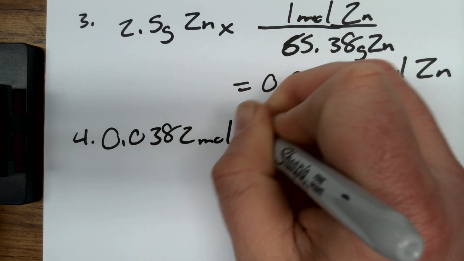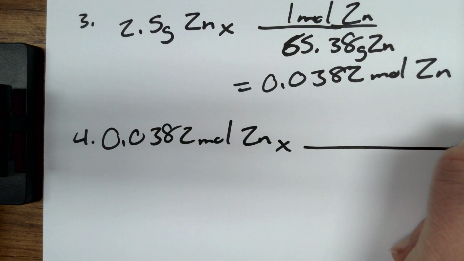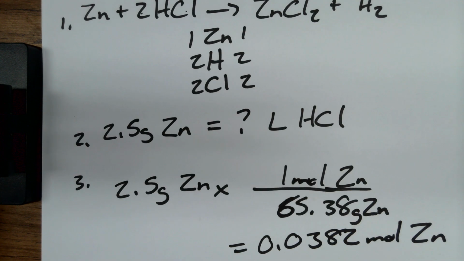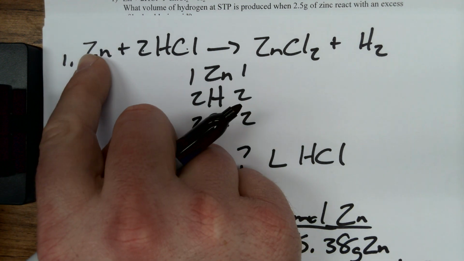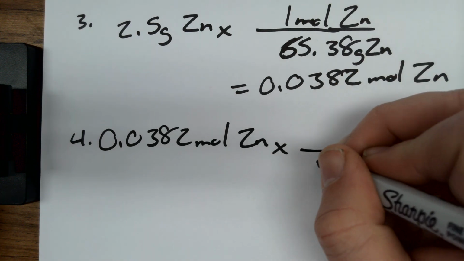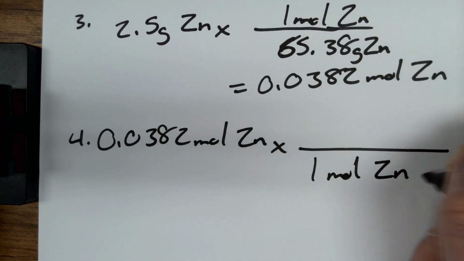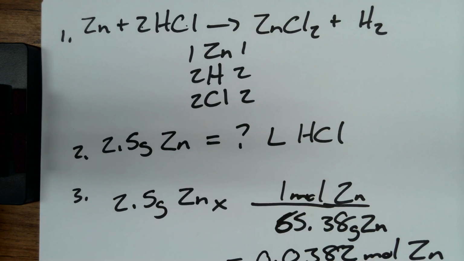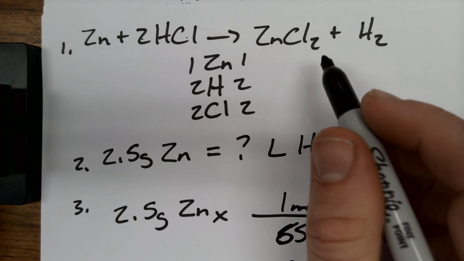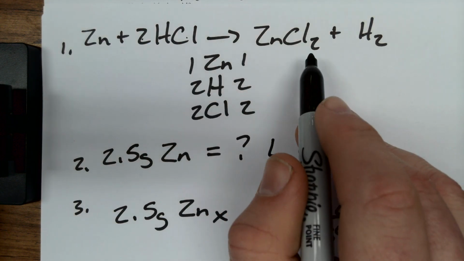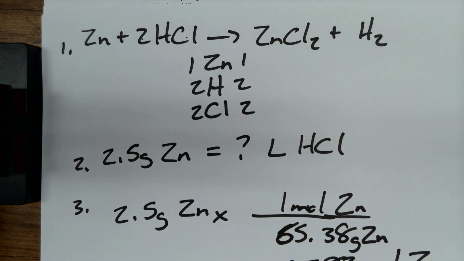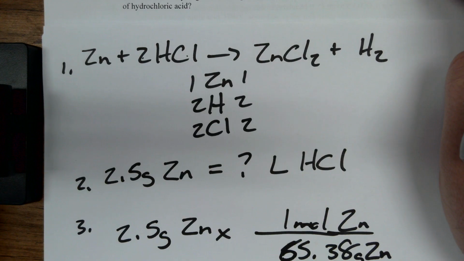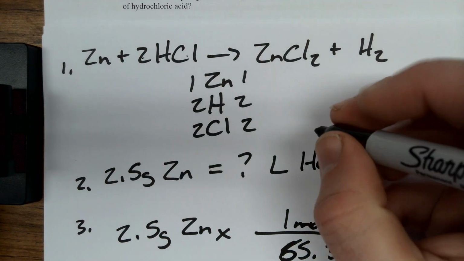So step 4, 0.0382 moles zinc. So, how many moles of zinc do I have? There's a 1 in front of that. So, 1 mole zinc. And what do I want? Do I want hydrochloric acid? Do I want zinc chloride? Do I want hydrogen gas? Oh, I'm an idiot.